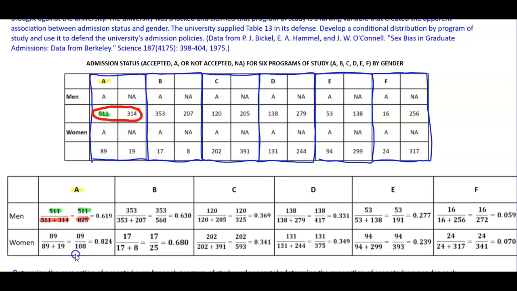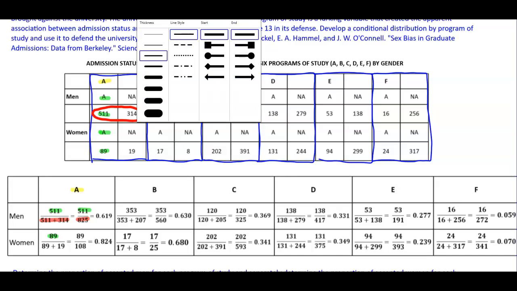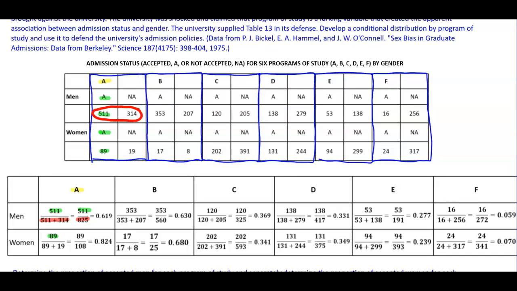Now let's take a look at women. If we take a look at the women, we can see that the ones that were accepted in program A was 89. And then we're going to take the denominator, because we're going to add those two values together.